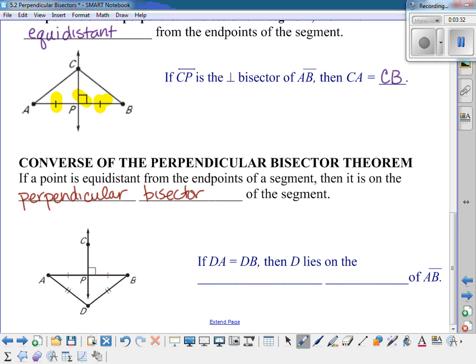And so in this figure here, if DA is congruent to DB, then I know D lies on the perpendicular bisector of AB. So we can use these properties to solve problems. So let's have some examples here.